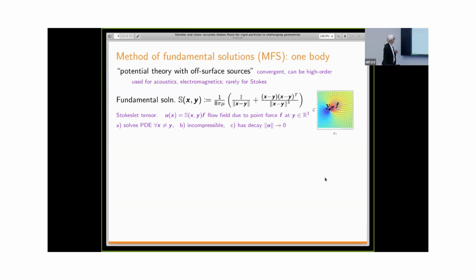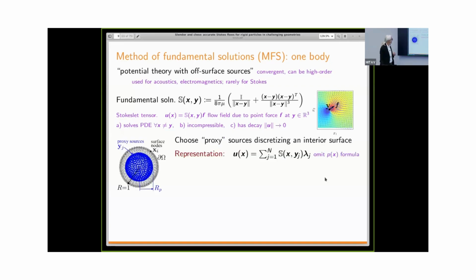Is that okay? Okay. So this thing is great because it solves three out of four of the things we wanted. It solves the PDE everywhere except at the source point. It's incompressible and it has the right decay. So all you need to do is add these up in order to get the boundary condition right. Sounds easy. I'll show it for the sphere. Here's what you do: you take these blue dots.